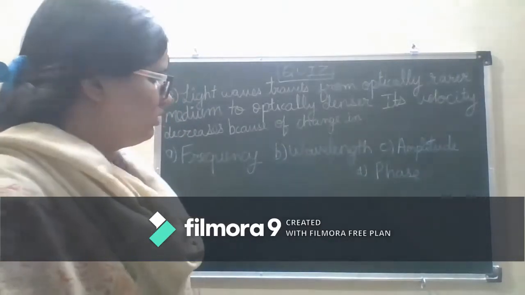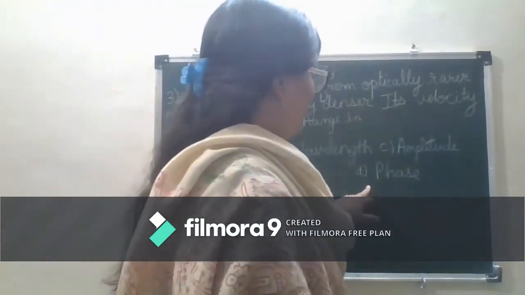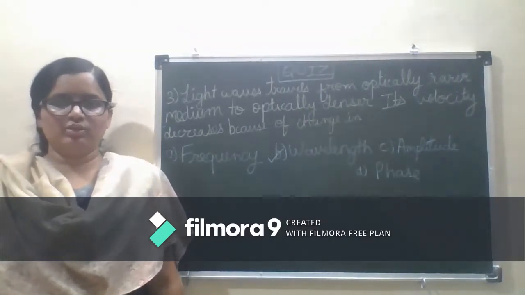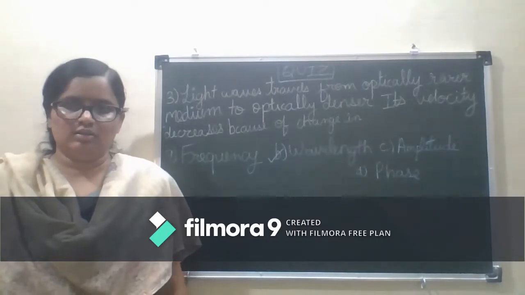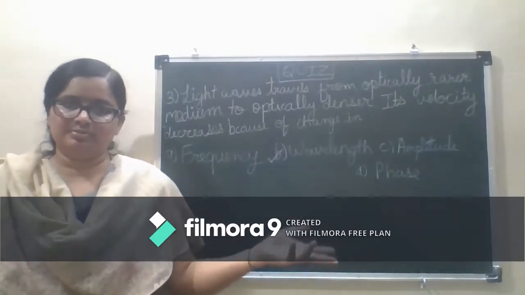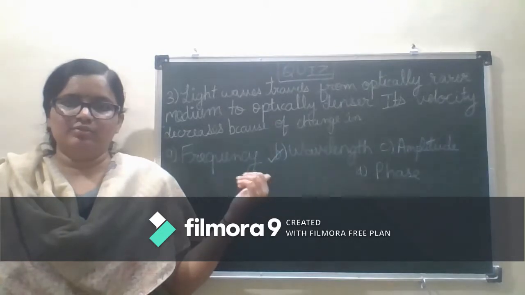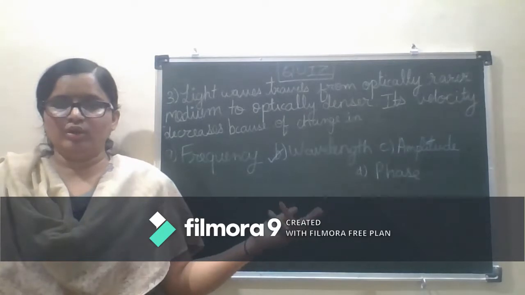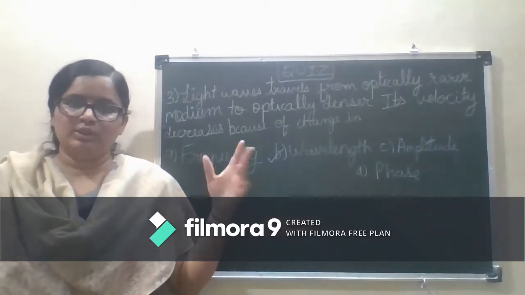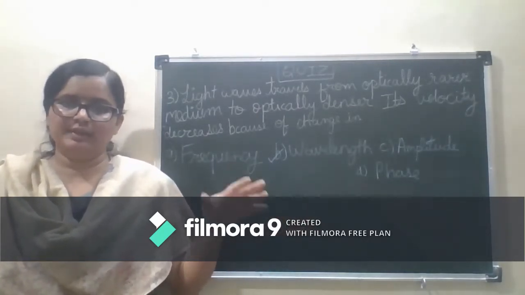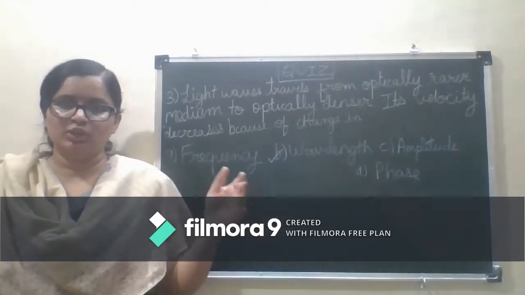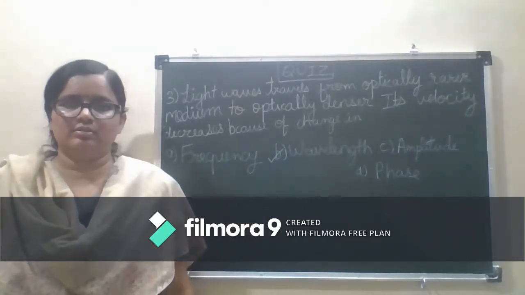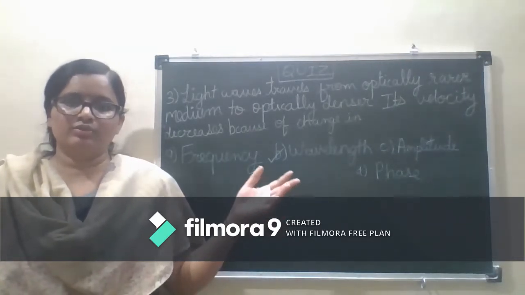Light travels from the rarer medium to the denser medium, its velocity decreases. Then because of change in what?